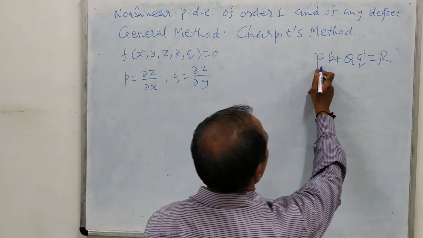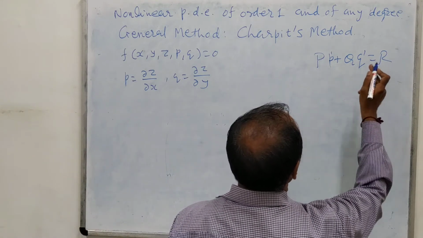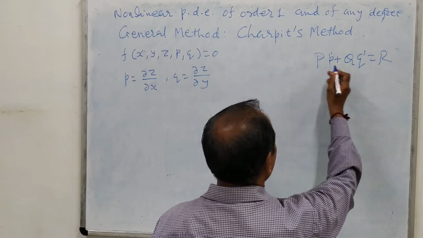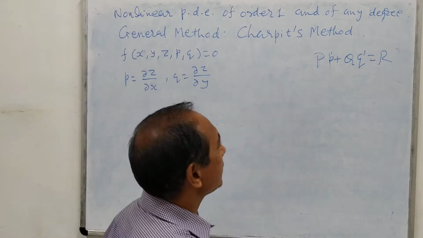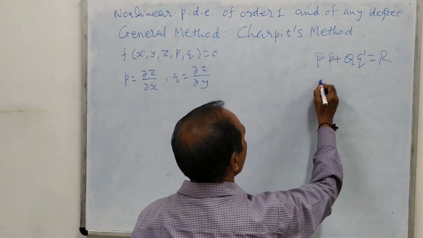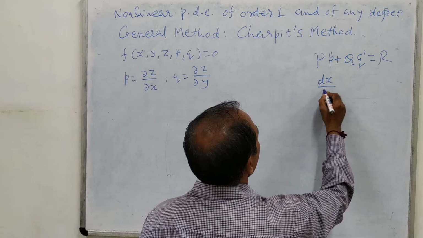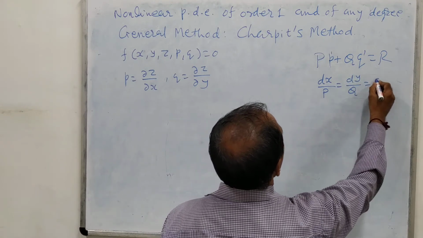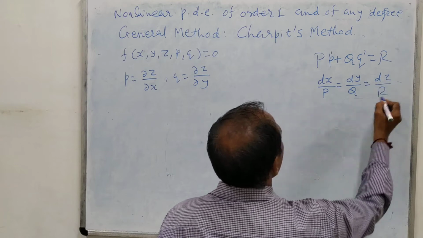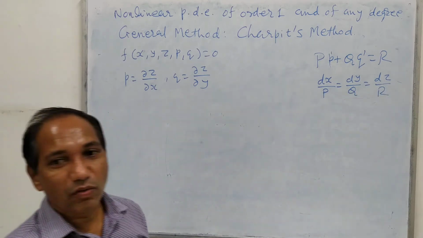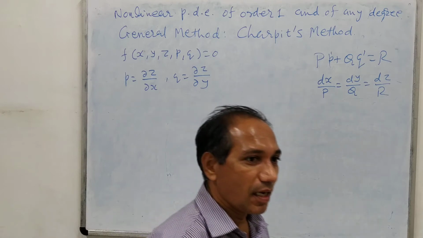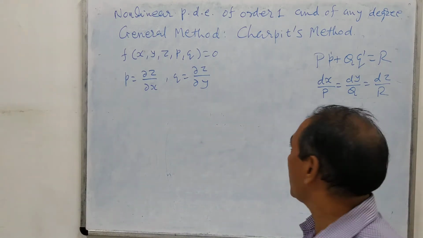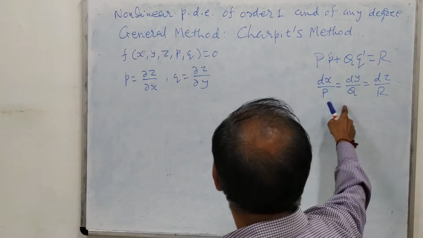Where capital P, capital Q and capital R are functions of x, y and z, we have written the auxiliary equations dx upon capital P, dy upon capital Q and dz upon capital R. And there we have obtained two different solutions. And based on these two solutions, we have written the general solution of the given equation.